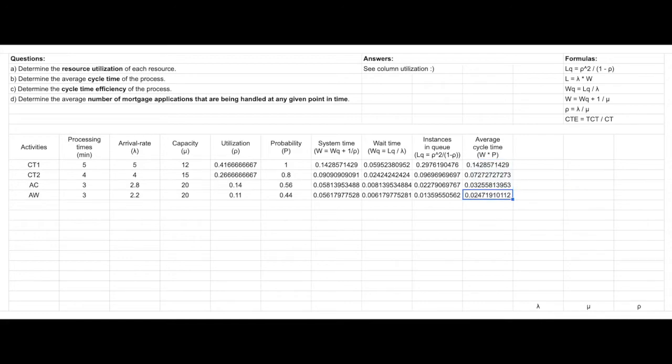So in the end, we can calculate the average case considering the system times and the probabilities, which will lead us to approximately, let's see, let me put this here.